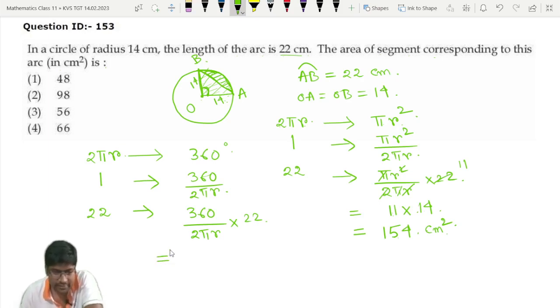Now 360 degree I can write as 2 pi. So 2 pi and 2 pi will be cancelled. So 22 divided by r. R means 14. So that is equal to 11 by 7 degree.